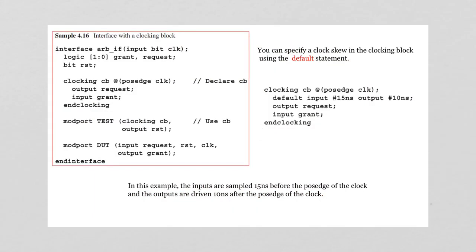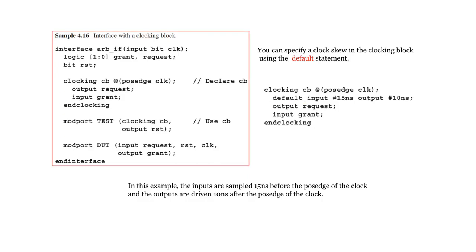The default behavior of a clocking block, sampling the inputs with one step delay and driving the outputs with zero delay, can be overridden with the help of the default statement. The default input and output skews are specified this way: input #15ns, output #10ns.